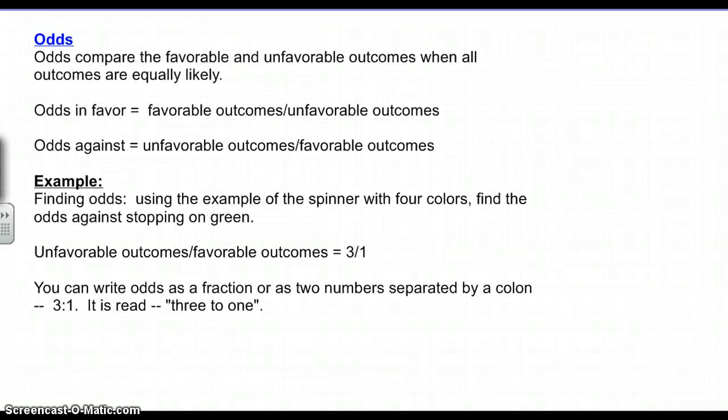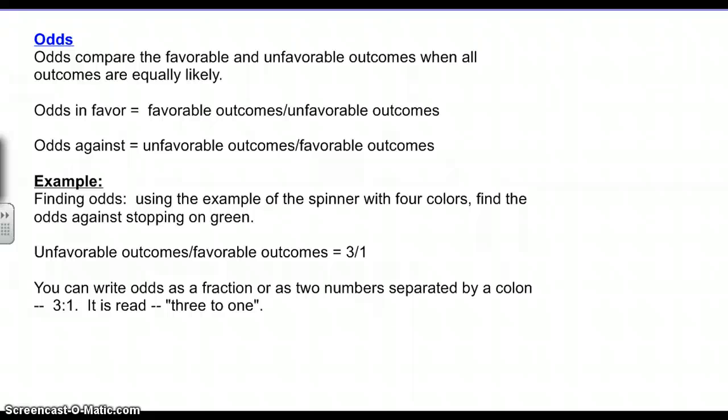Now here are odds. Odds compare the favorable and unfavorable outcomes when all the outcomes are likely. Favorable and unfavorable. Think of what you were doing in probability. It was favorable over all outcomes. Now we're doing favorable versus unfavorable.